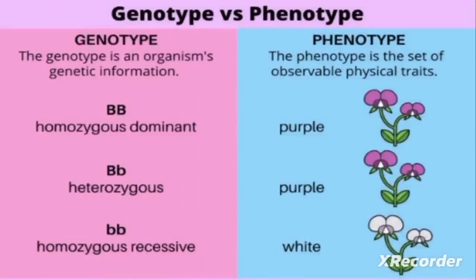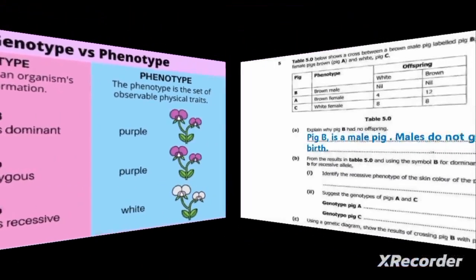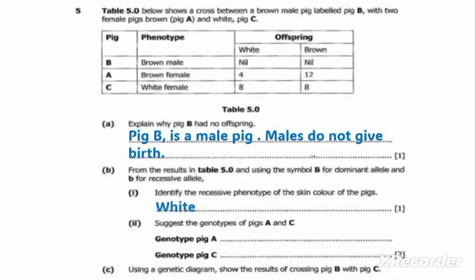To understand fully the meaning of phenotype: phenotype is something that we can see, while genotype is the genetic information or genetic makeup. So here we are not going to use alleles; we are going to say white.